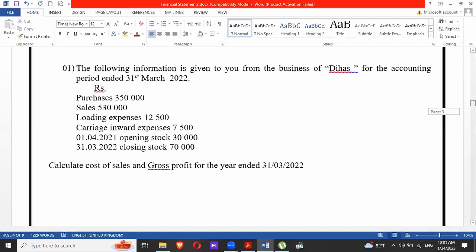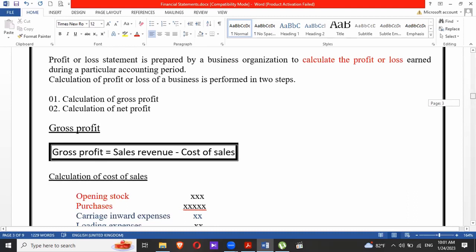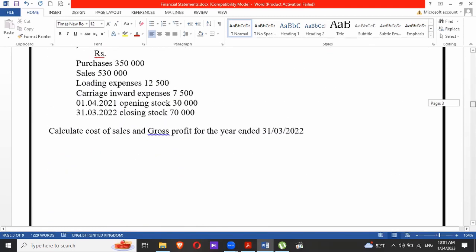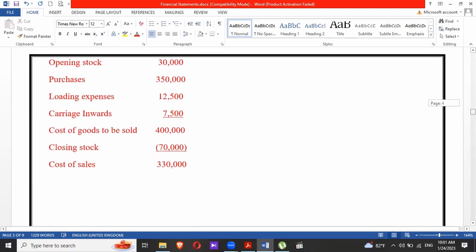Because we know the formula. Gross profit equals sales revenue minus cost of sales. So directly they have given sales, that is 530,000. From that, if you deduct cost of sales, the answer is simply gross profit, right?